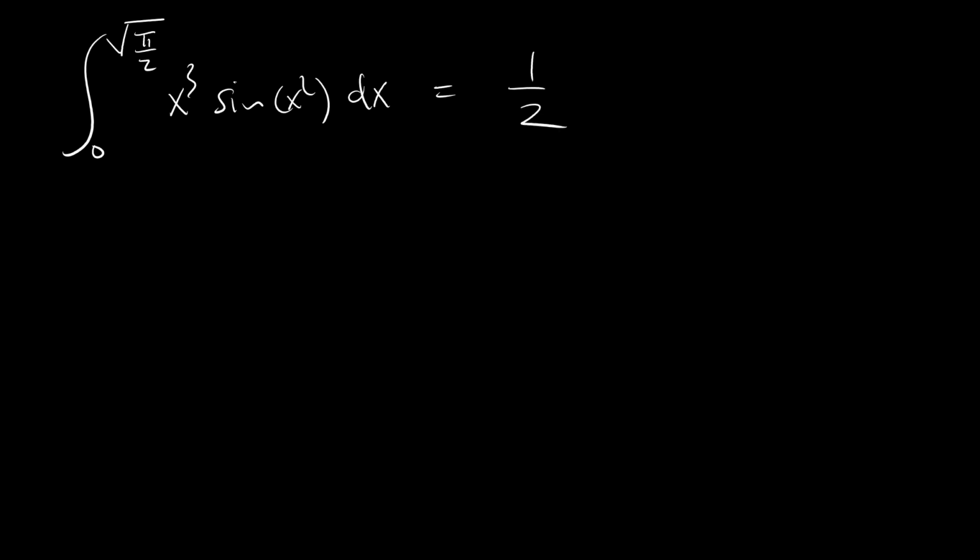So the important thing for us now to know is that the integral from 0 to the square root of pi over 2 of x cubed sine x squared is 1 over 2.